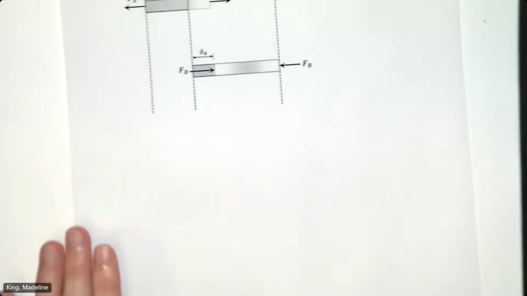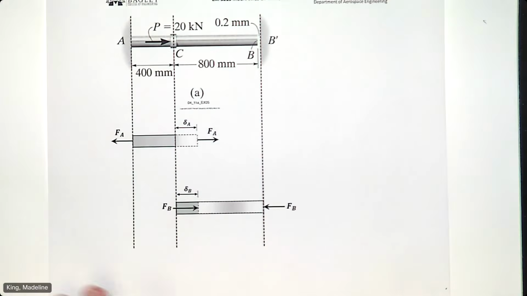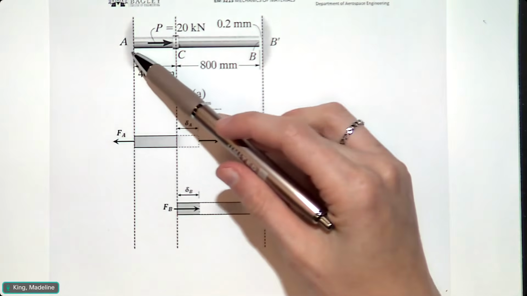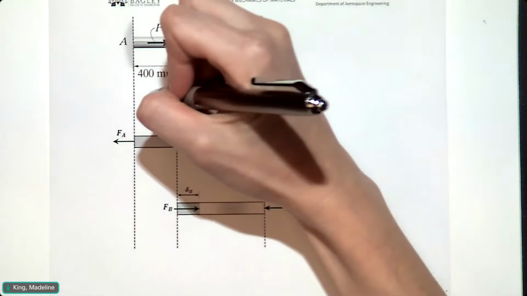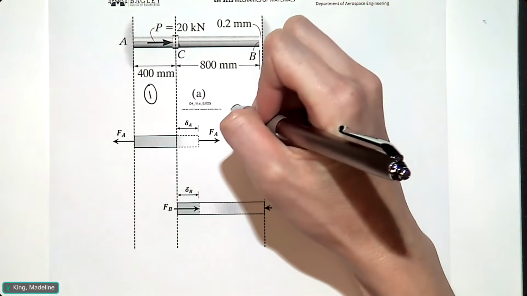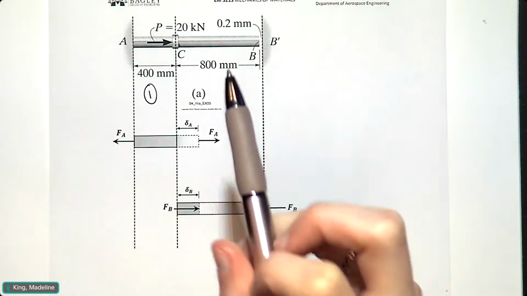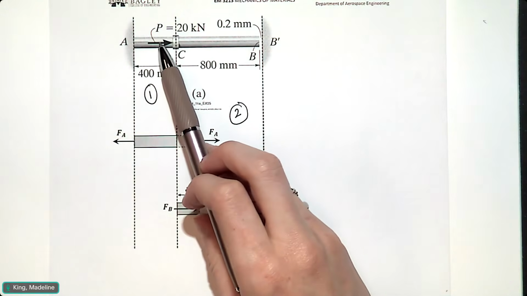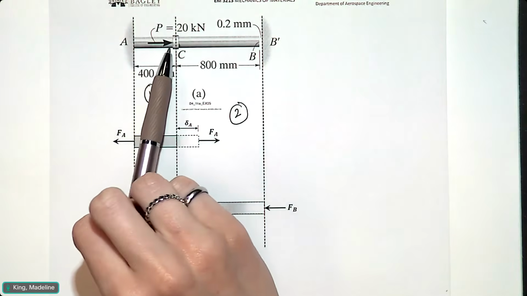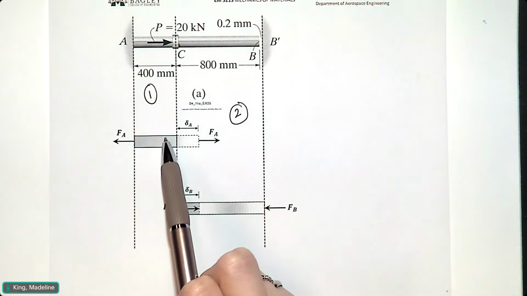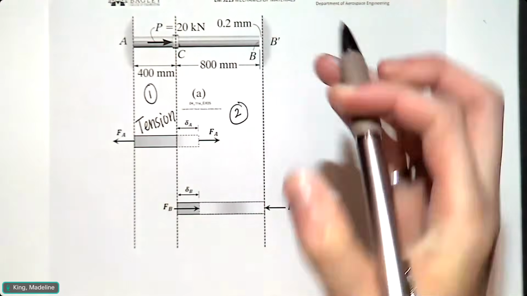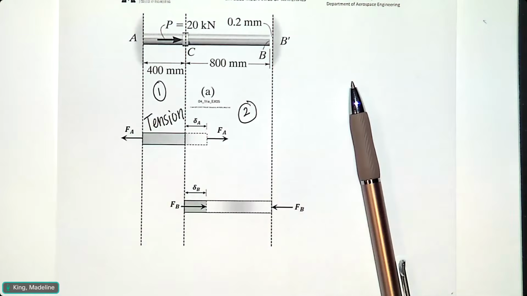All right. Moving on. We have another free body diagram. They did the segment of AC and CB. So I'm just going to label this section 1 and section 2. Now, because our P is going to the right, this is tension. Sorry, I'm getting kind of ahead of myself. This is tension, so our rod is experiencing a force going outwards.